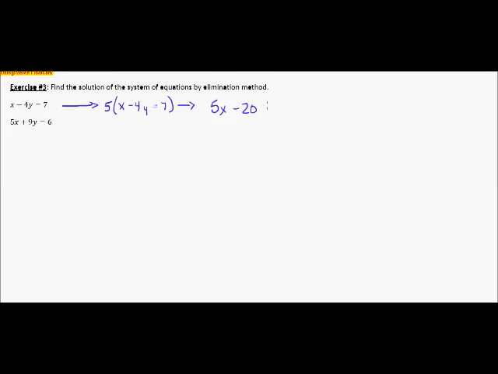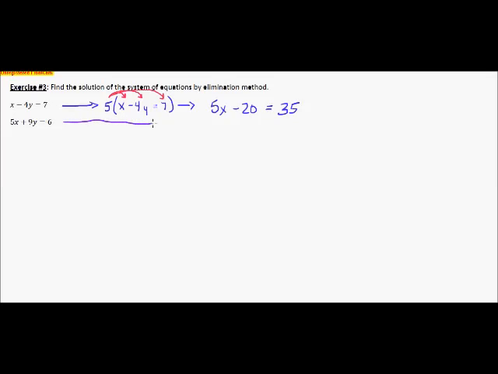And 5 times 7, and this is the part that people always forget. They forget to distribute to the other side of the equation, right? So if you want to draw in your little arrows here, I distributed this 5 to each term across that equation. I can do that because that gives me an equivalent equation.